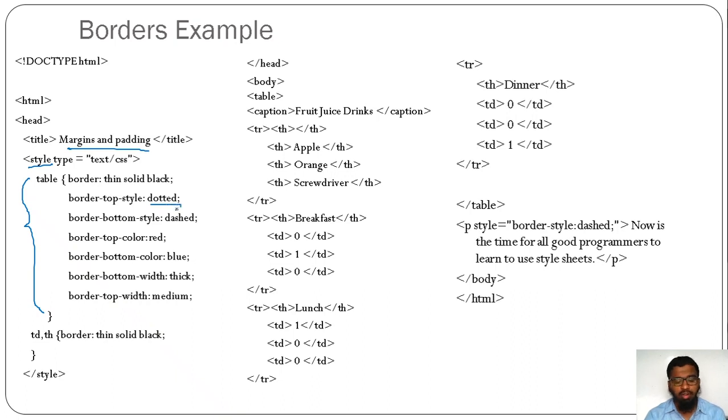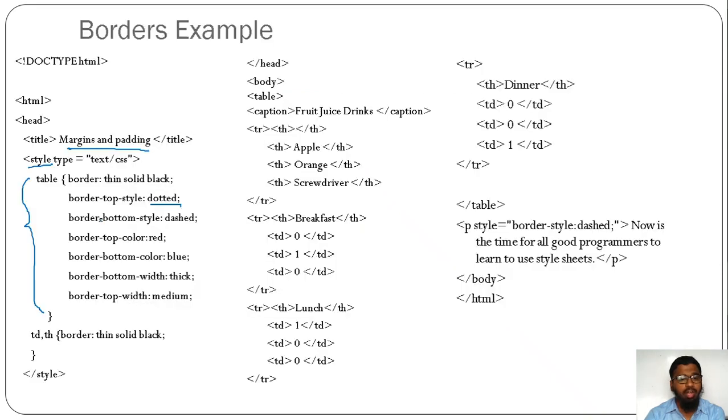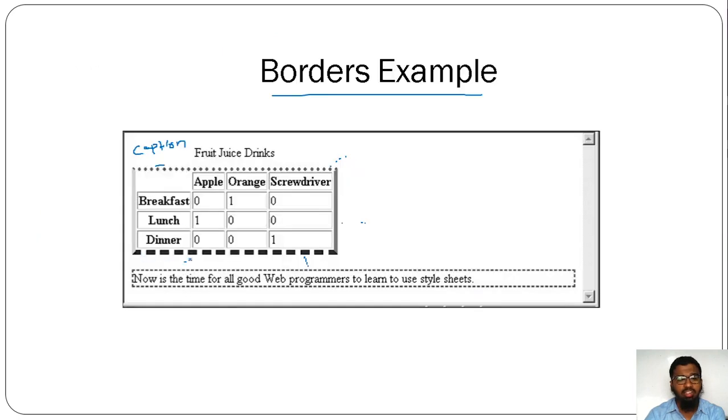Where is it dotted? Top. Can you see in the output, top is dotted. Next, border-bottom-style is dashed, so in the bottom we are taking dashes.